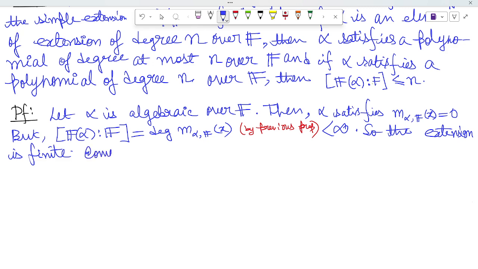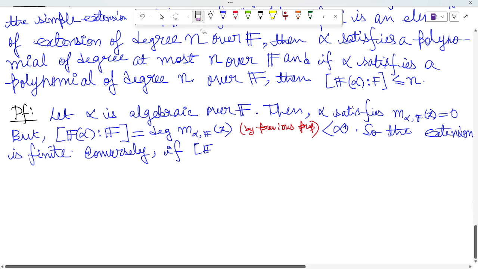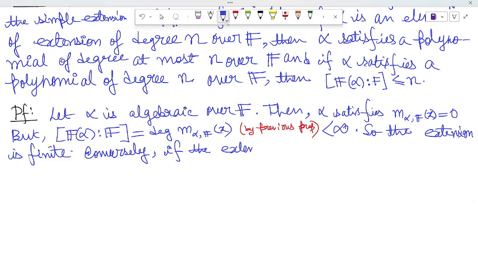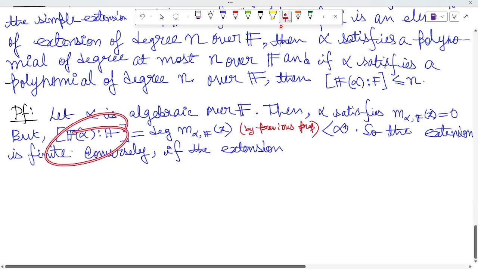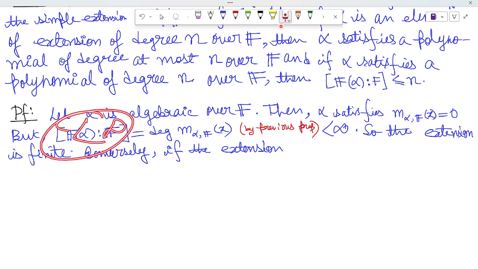Firstly, if the extension is the same, it will come from this line only. This is the connecting line. If this is finite, then this is finite. And if this is finite, then as this is equal to this, then this will be finite.